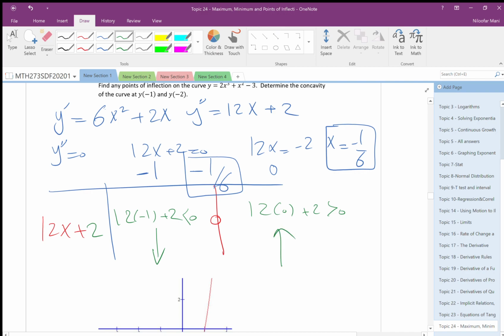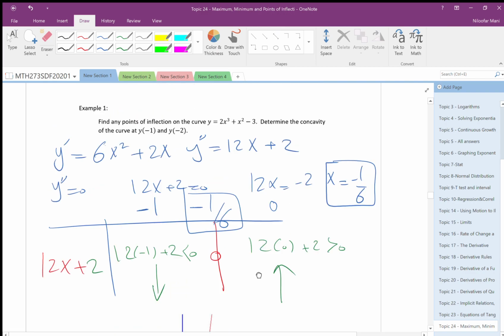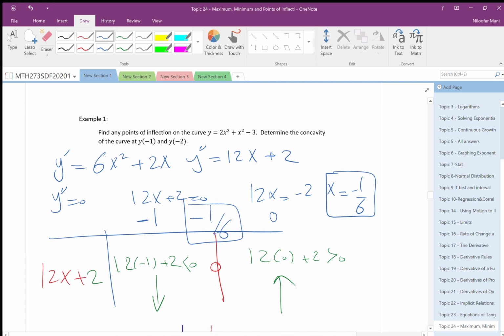Because concavity changes, from top to down and down to top, then I can say yes, I have an inflection point, not just because the second derivative is 0. So you have to check the concavity at these points: 12 times minus 1 plus 2.